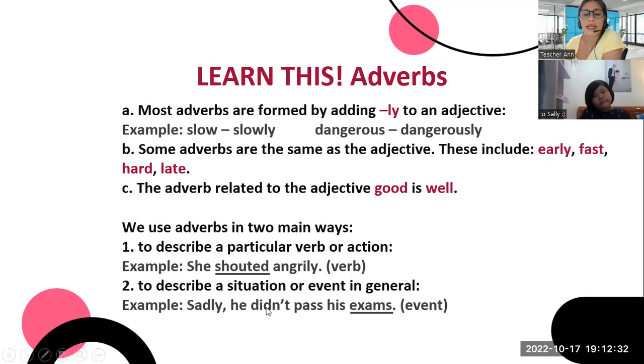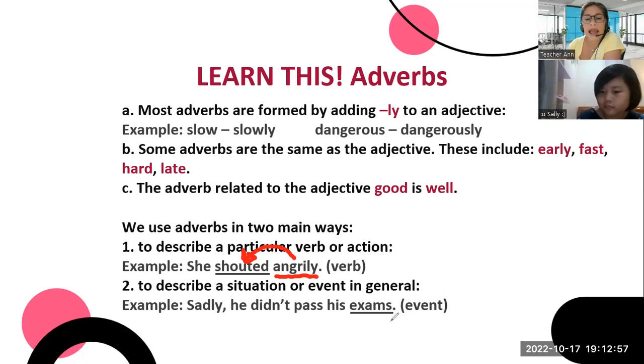Sally, he didn't pass his exam. So in the first one, angrily, which is the adverb, modifies the verb shouted. The second way is to describe a situation or event in general.